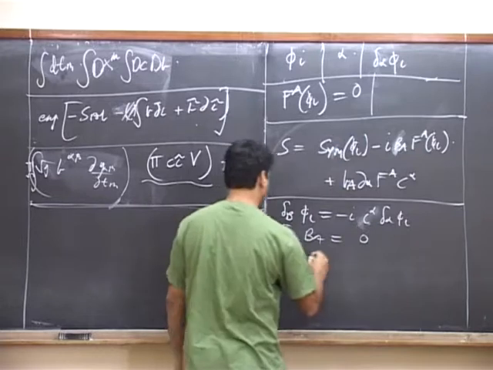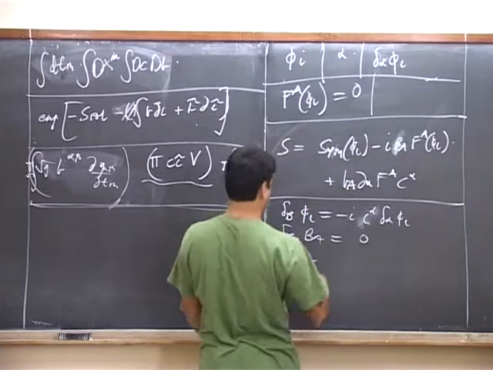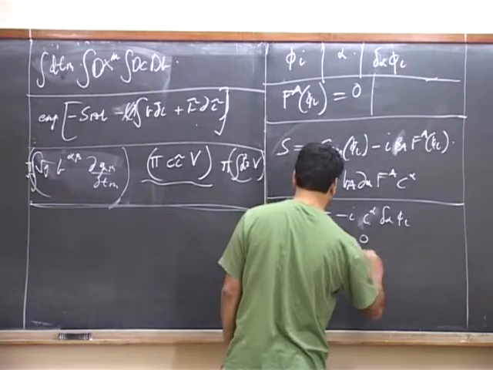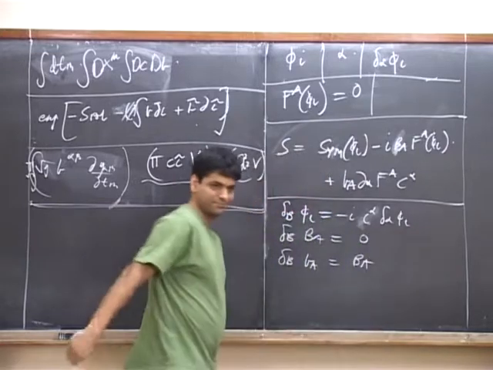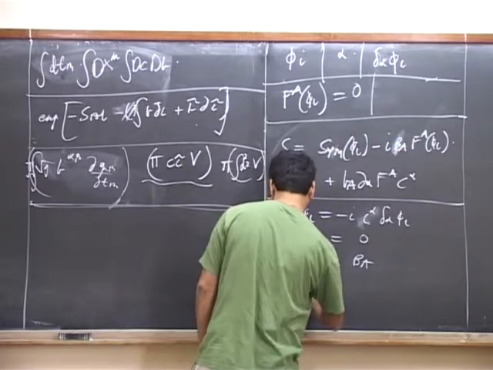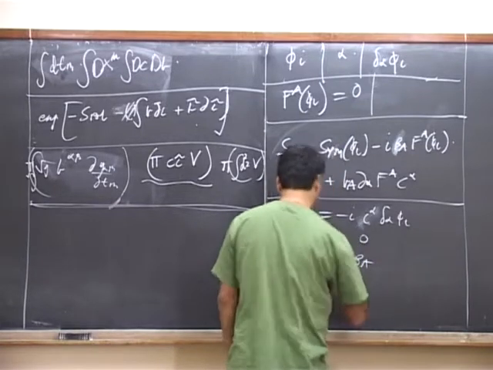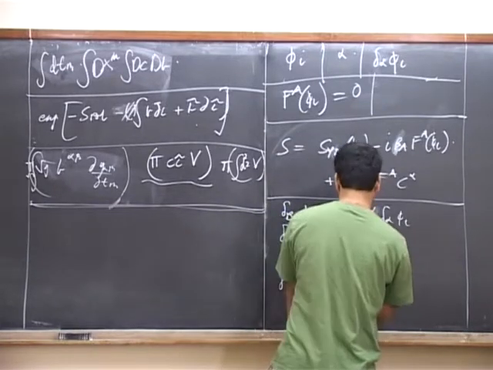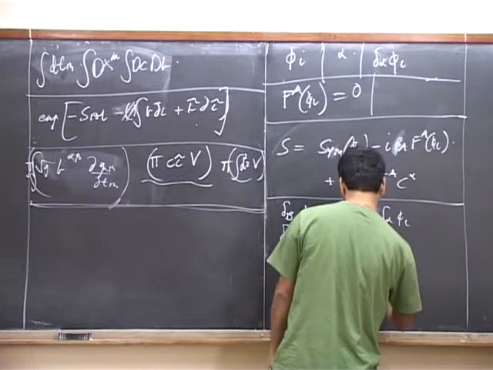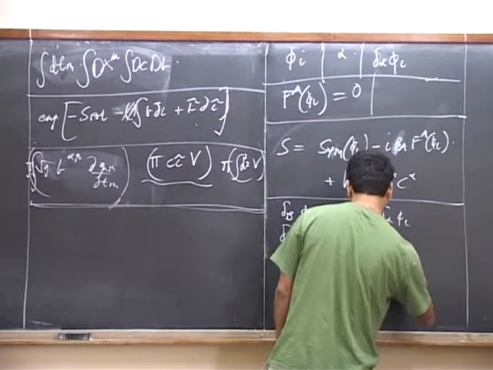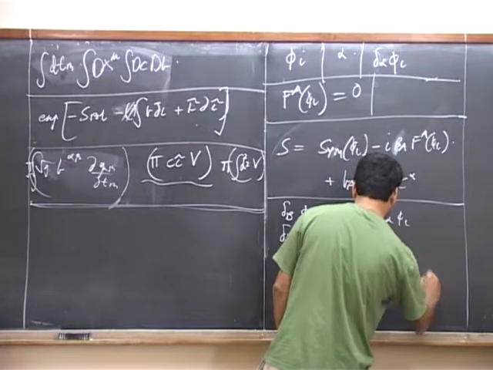Delta B of B A is equal to B A, and delta B of C alpha is equal to minus I over 2 F alpha beta gamma C beta C gamma.